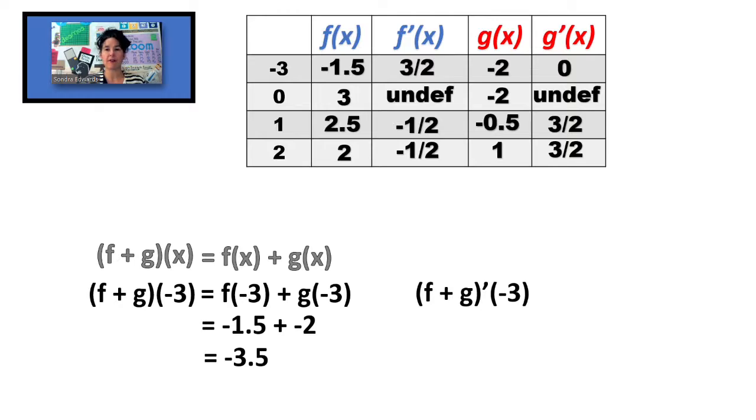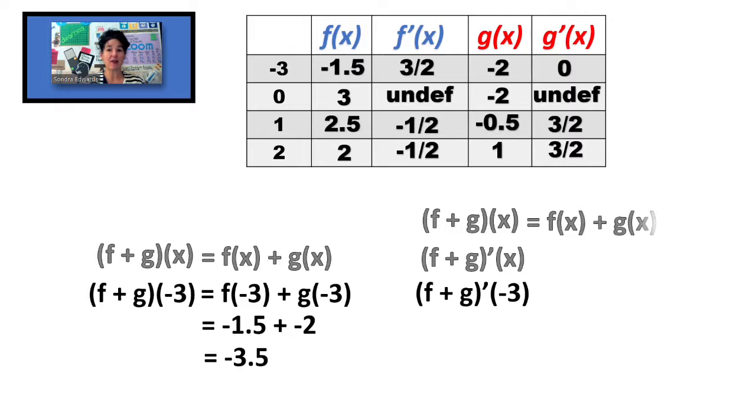We want to find f plus g prime evaluated at -3. That came from substituting -3 in for x. Now, what is f plus g prime of x? What was that the derivative of? Well, that was the derivative of f plus g of x. I really don't like the notation f plus g of x, so let's rewrite it.